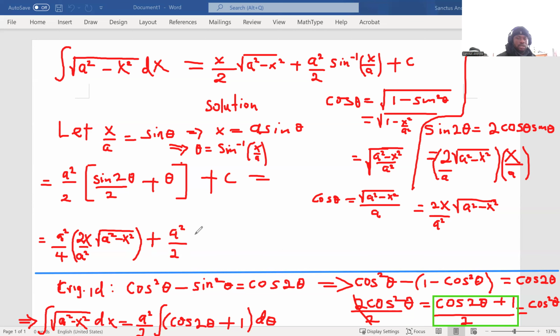So we'll plug that in here. Sine inverse x over a. Plus c.